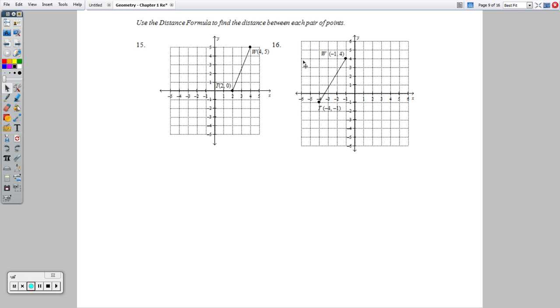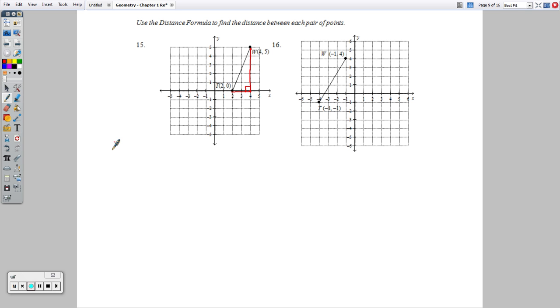Continuing with number 15 and 16, you can use the distance formula. I'm going to use the Pythagorean theorem because it's really the same idea. It's the same concept in disguise. If you want to use the distance formula and try that way instead, you should get the same answer in the end. So number 15, I'm going to make a little right triangle here.